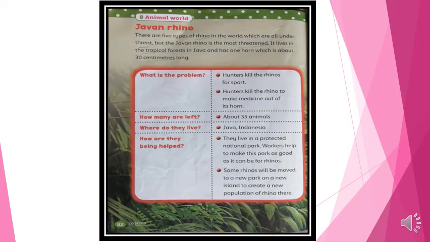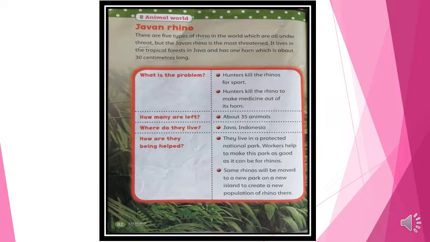Now come to page number 82. We are going to read about the other threatened species, and that is the Javan Rhino. So start reading with me. There are 5 types of rhino in the world which are all under threat, but the Javan Rhino is the most threatened.